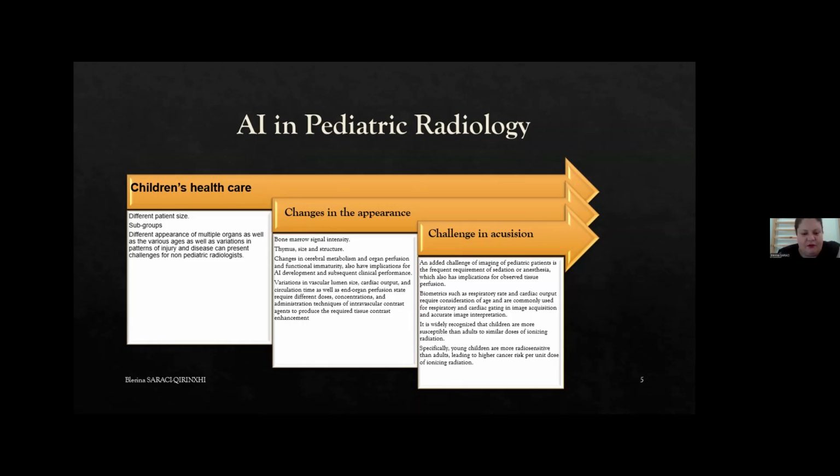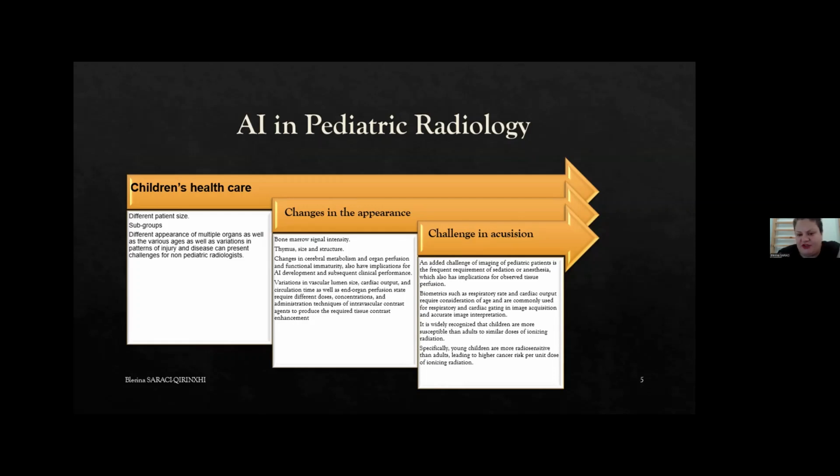Variations in vascular lumen size, cardiac output, and circulation time, as well as organ perfusion states, require different doses, concentrations, and administration techniques of intravascular contrast enhancement agent to produce the required tissue contrast enhancement.